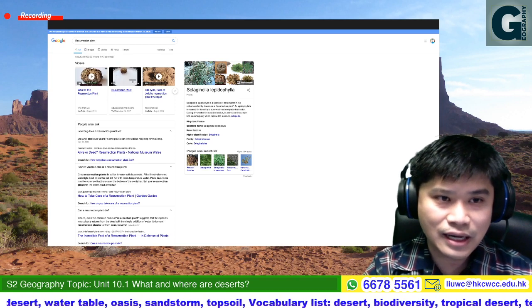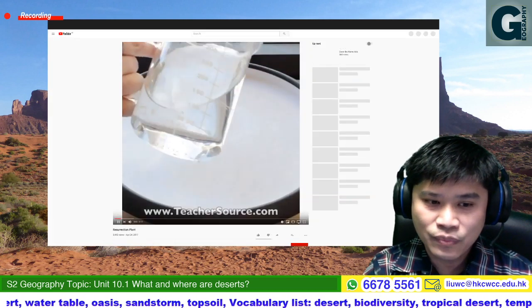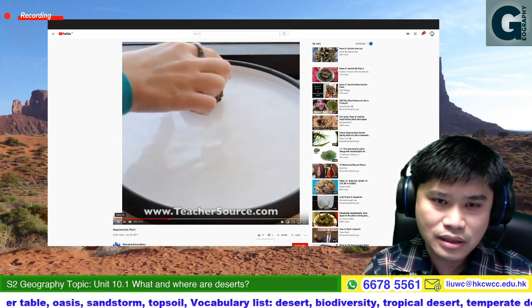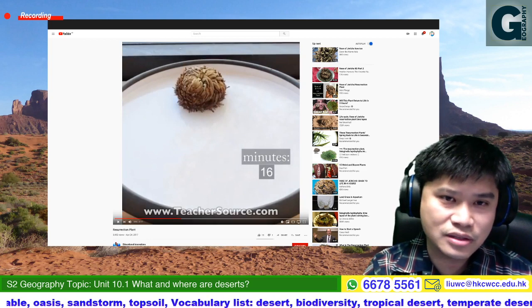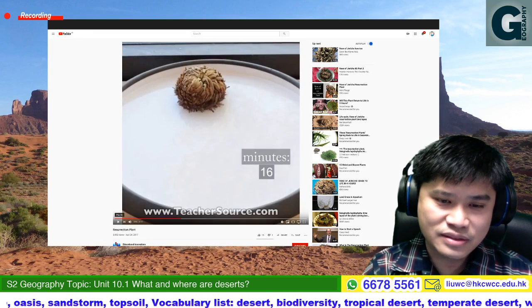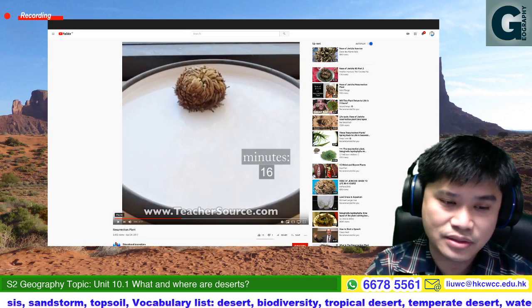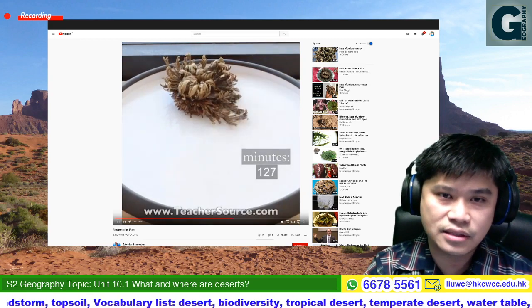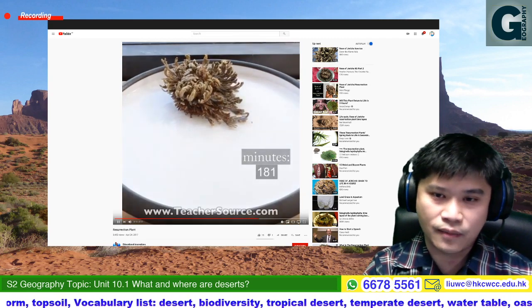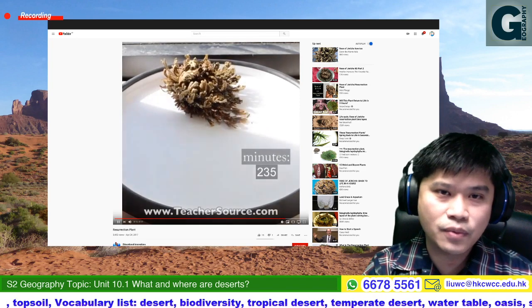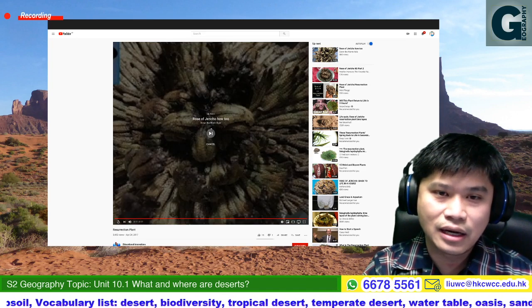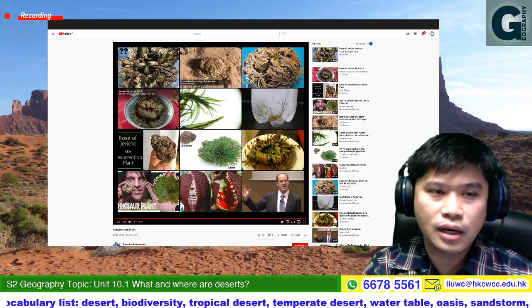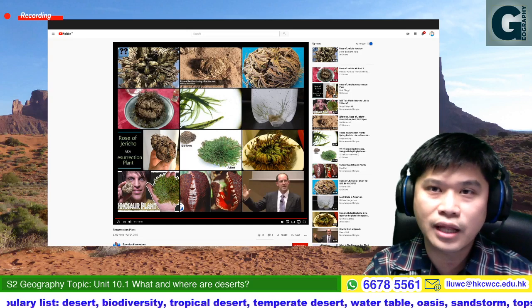If some water is given to this dead plant, it will become alive in a very short time as it absorbs the water quickly. That's why people regard this as a resurrection plant. This one, the Rose of Jericho. I will show you the link later.